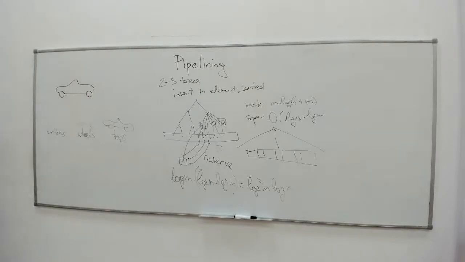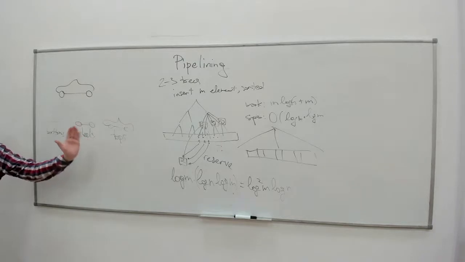But while you move it here, from the bottom to the wheels, we could already start another machine. So instead of waiting each time until the whole car is complete, we are doing it level by level.